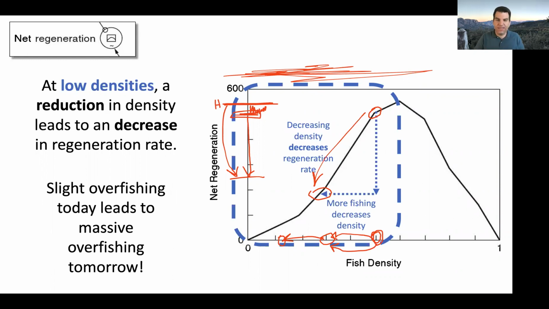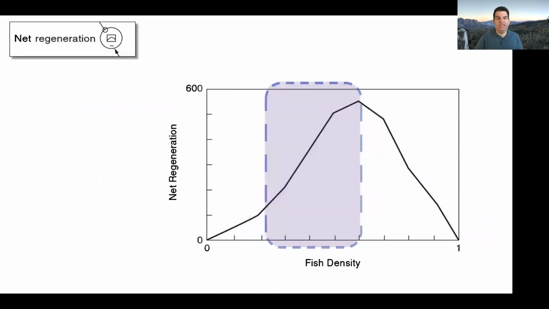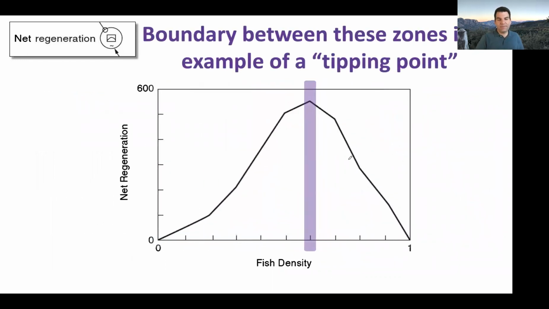So there is something funny about this intermediate density here. It's almost like we've got two different dynamical systems. On the right, more fishing leads to even better conditions for even more fishing. On the left, more fishing leads to an even faster acceleration to extinction.